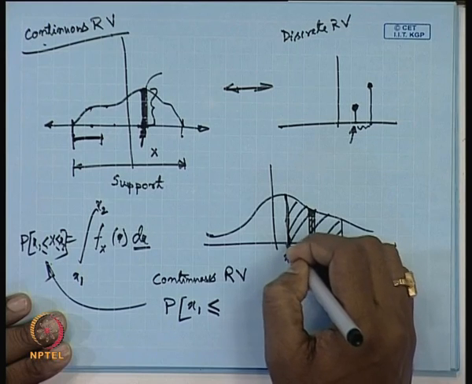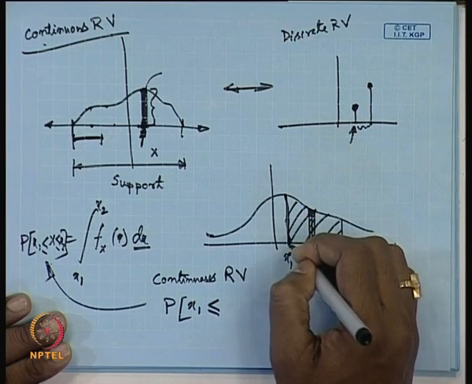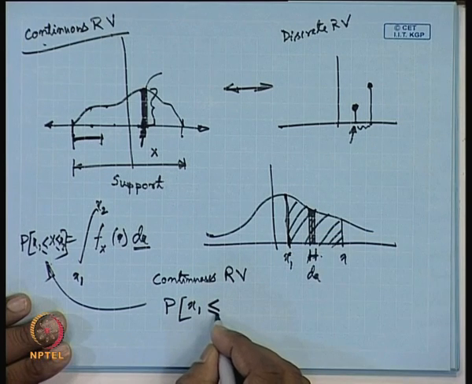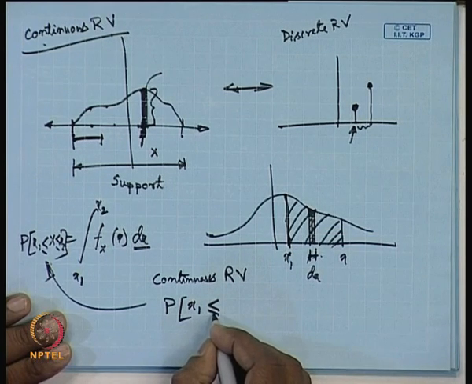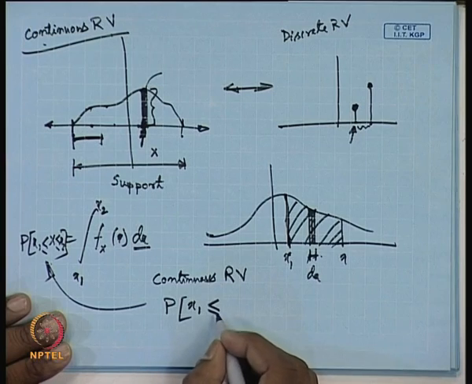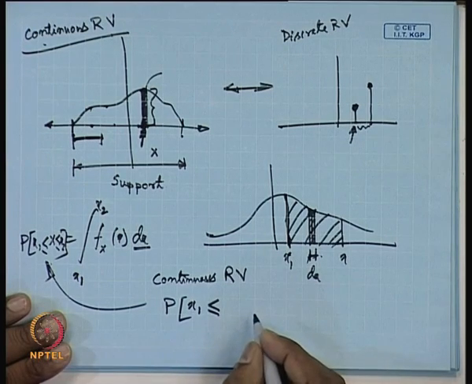So inclusion or non-inclusion of the equality sign doesn't change the total probability.